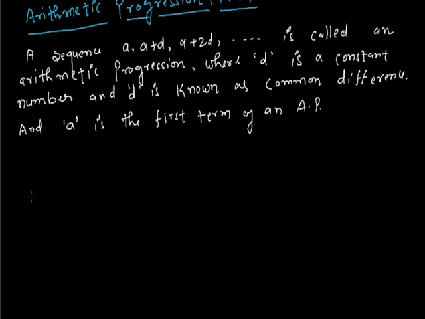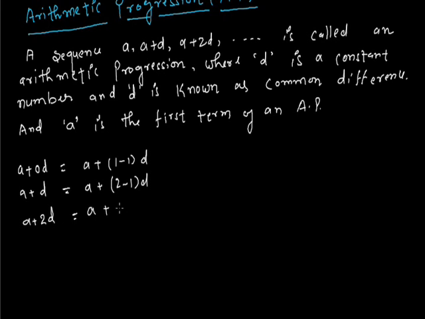Here we can see that in the arithmetic progression, the first term a can be written as a plus 0d, that is a plus 1 minus 1 into d. The second term, a plus d, we can write as a plus 2 minus 1 into d, and a plus 2d equals a plus 3 minus 1 into d.